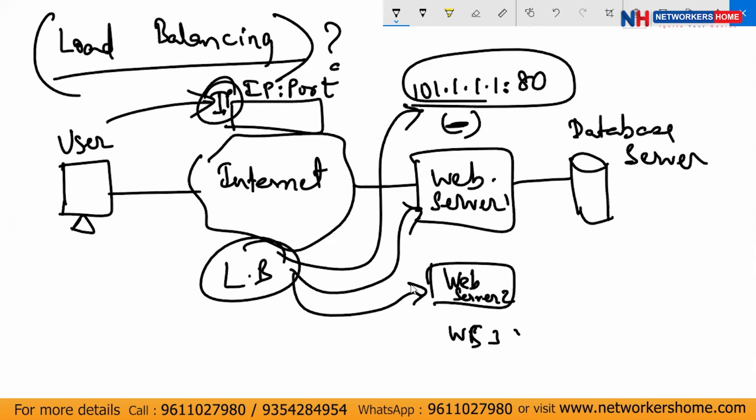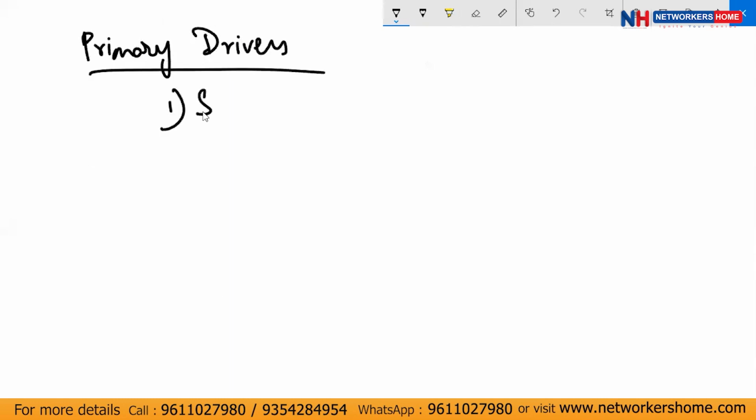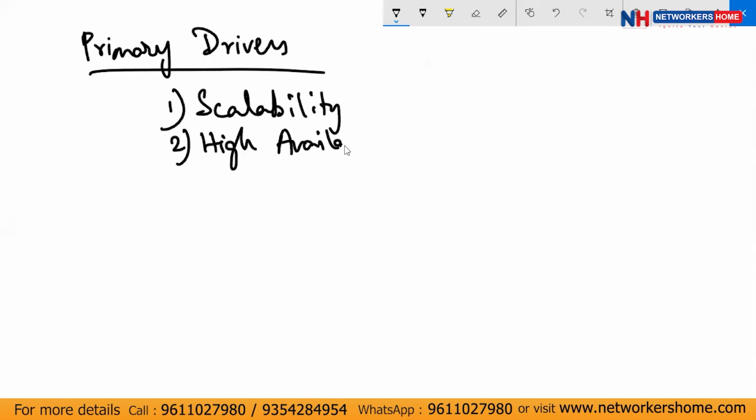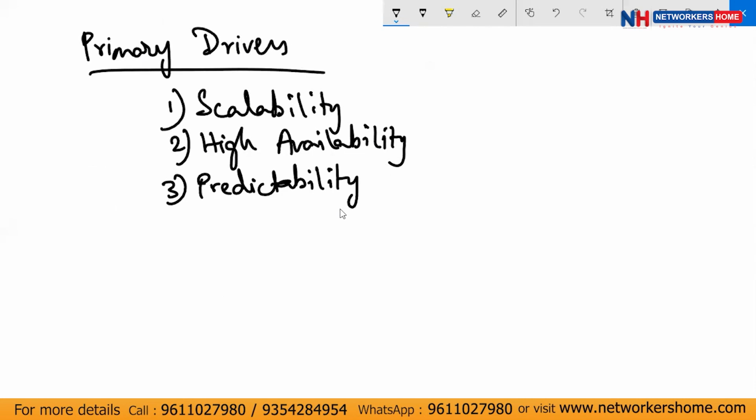Now the primary drivers of load balancing are: first is scalability, next is high availability, and third is predictability. So when I talk about these different terms, let's try to understand what they actually mean.